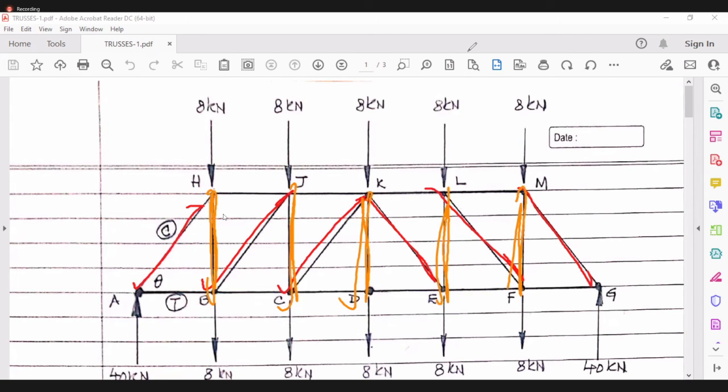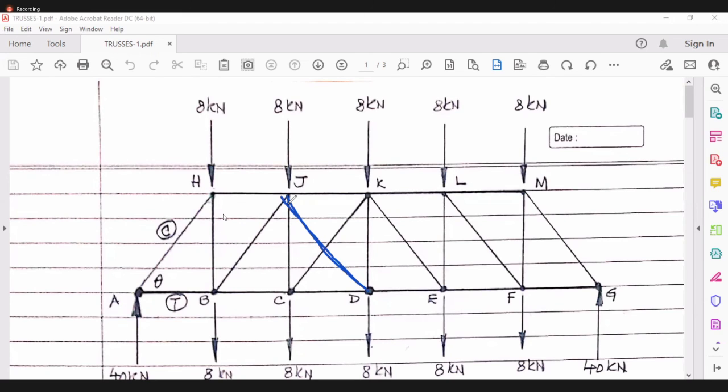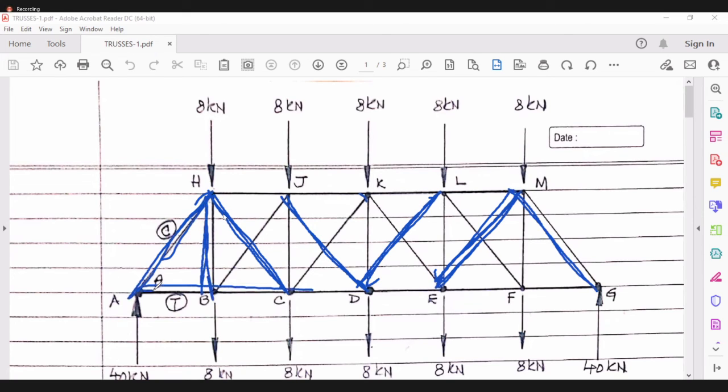But if you make a truss in a slightly different way, I will show you how. If this truss was made like this, other things being the same, we will solve one such problem later on.